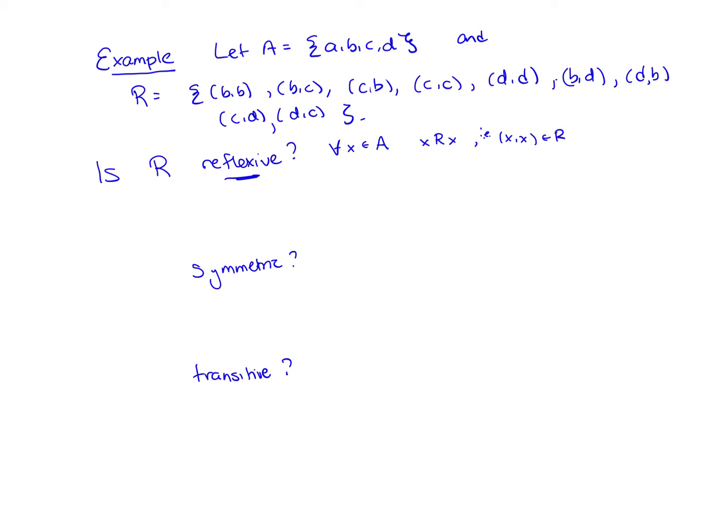So I need to have D paired with itself, and C paired with itself, and B paired with itself, but also A paired with itself. And I notice that AA is not in R. So it's not the case that for every element in A, it's related to itself. So R is not reflexive.